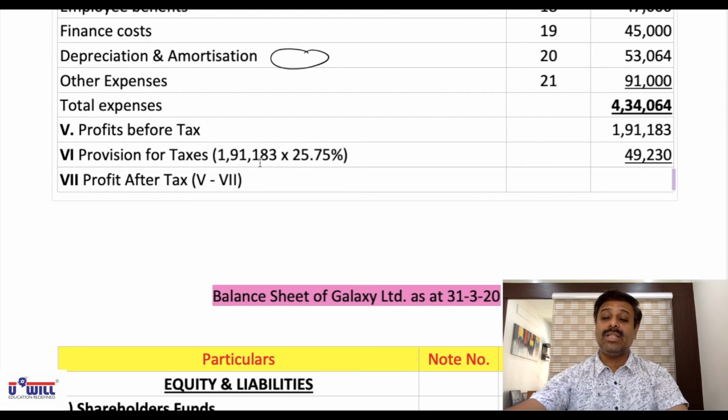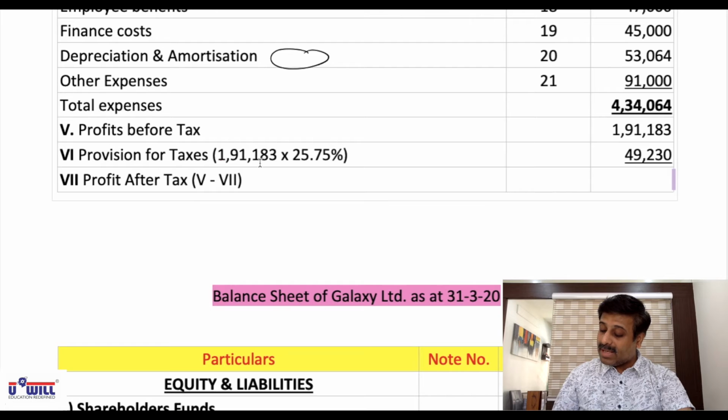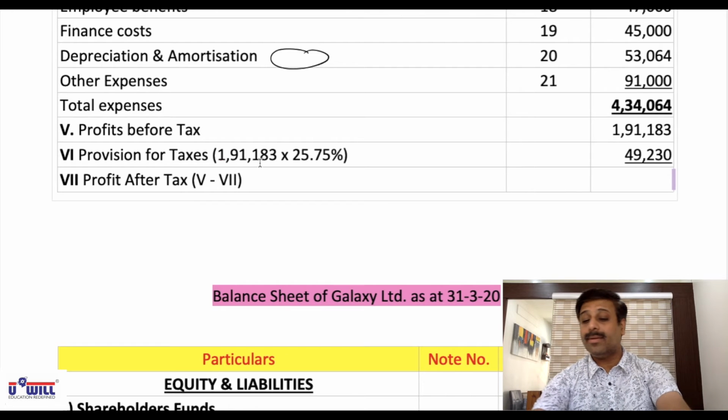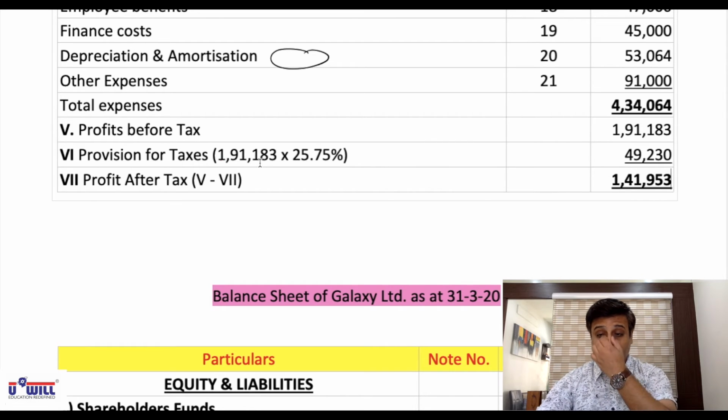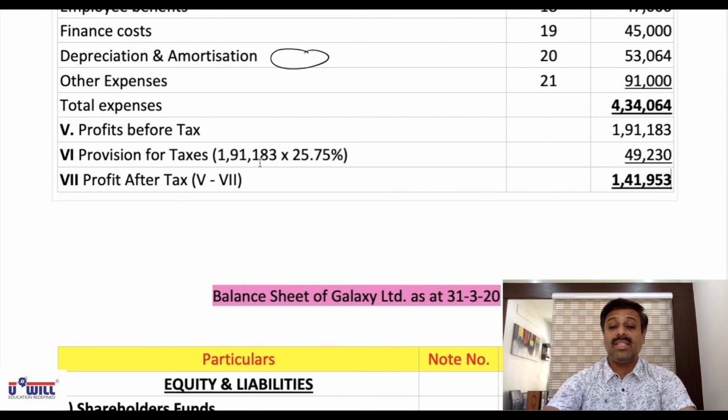Now if you minus 49,230, what we get is 141,953. So this is profit after tax.